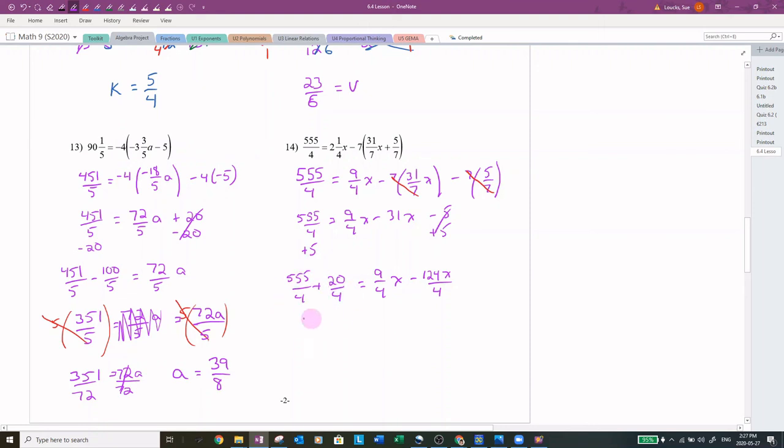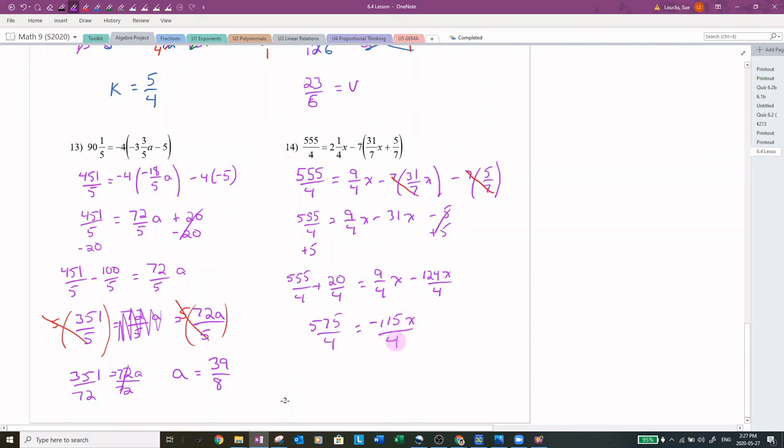Back on the left side, I have 575 divided by 4 equals 9x minus 24x. This is going to be minus 115x over 4.